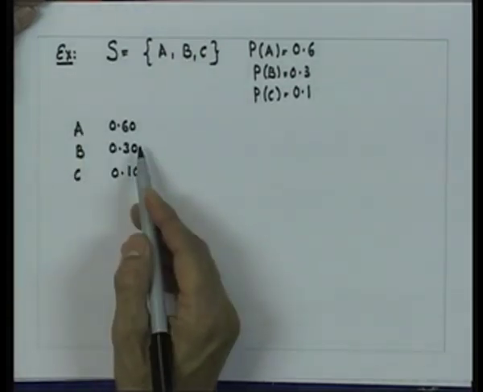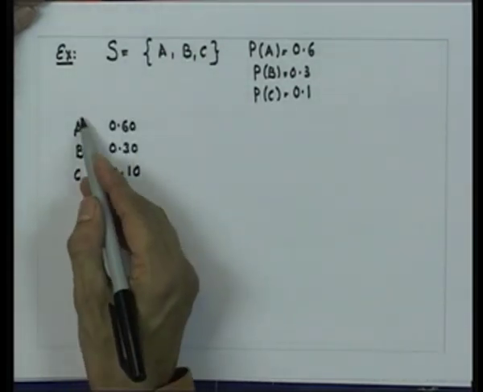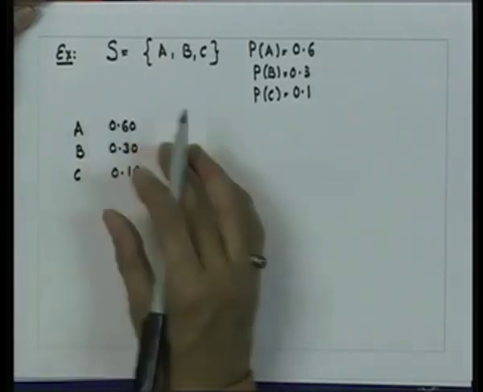In this, the first step, letter A has the highest probability, so remove it.